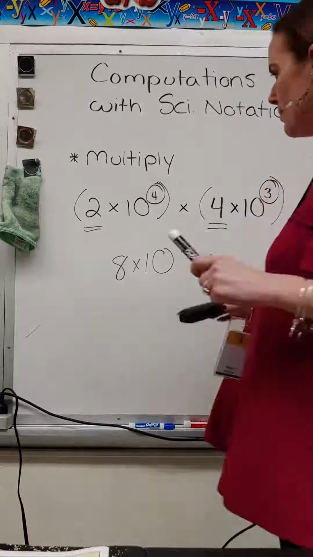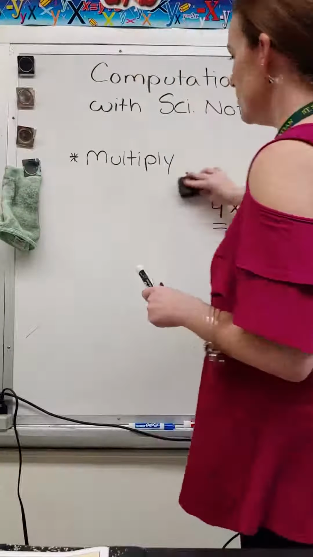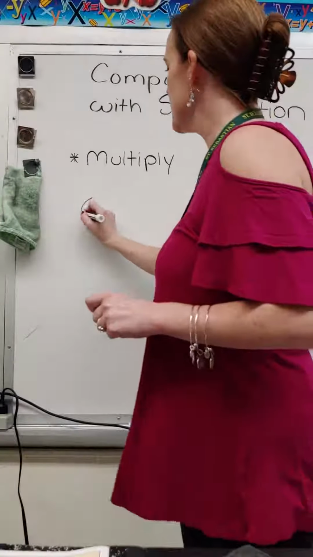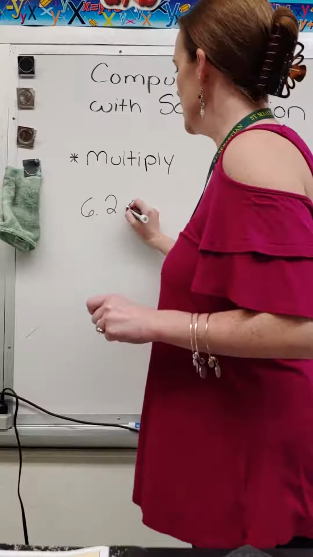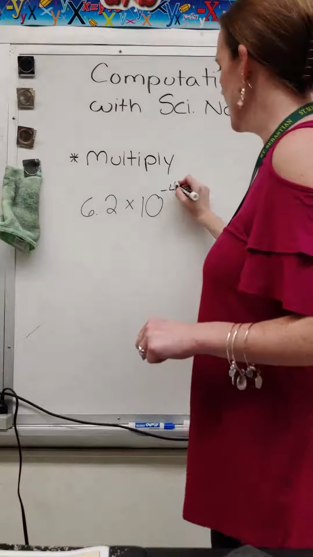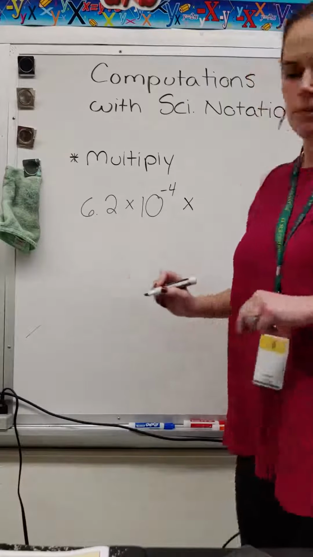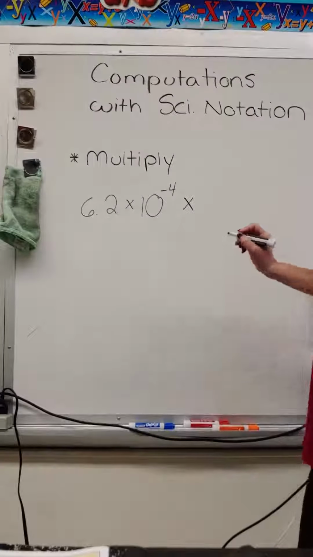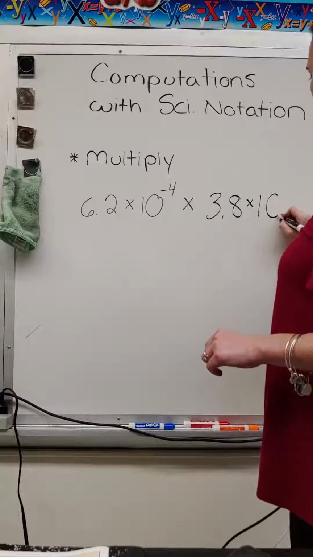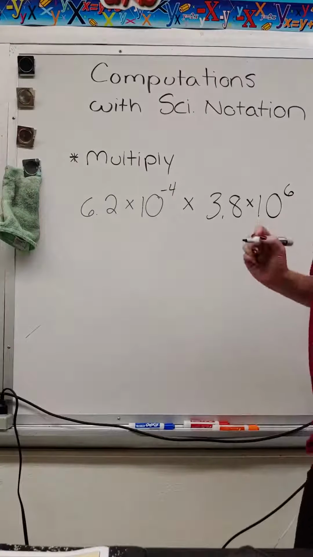Now here's another problem. Still multiplying. Our first number is going to be 6.2 times 10 to the negative 4. And I'm going to multiply that by 3.8 times 10 to the 6th.